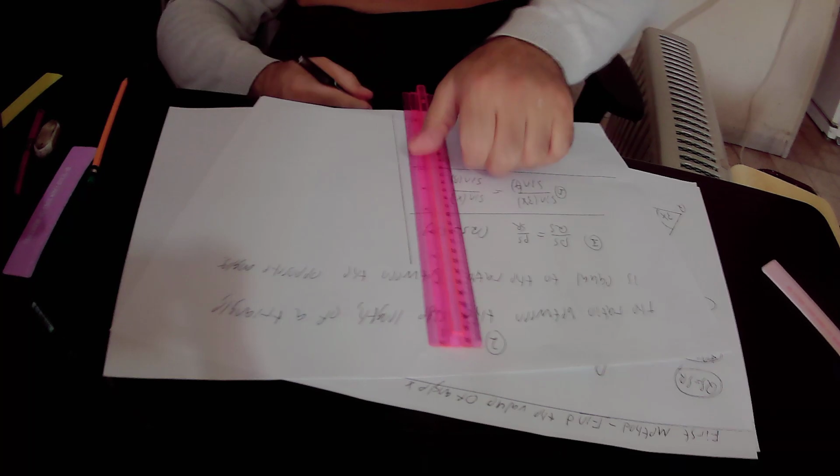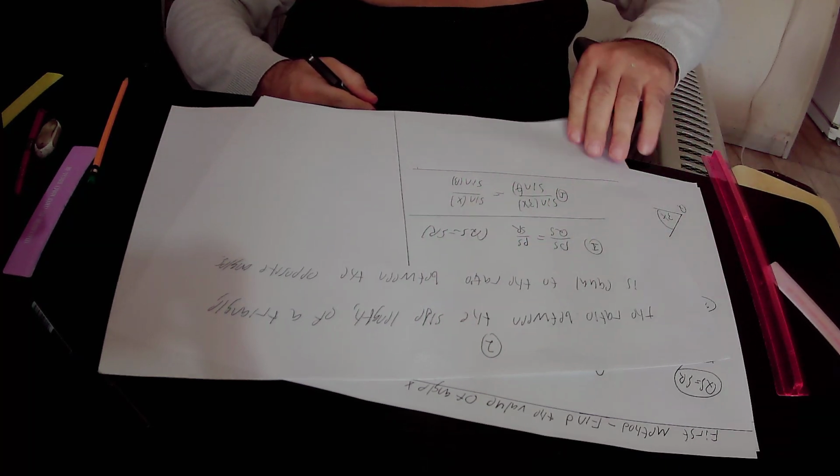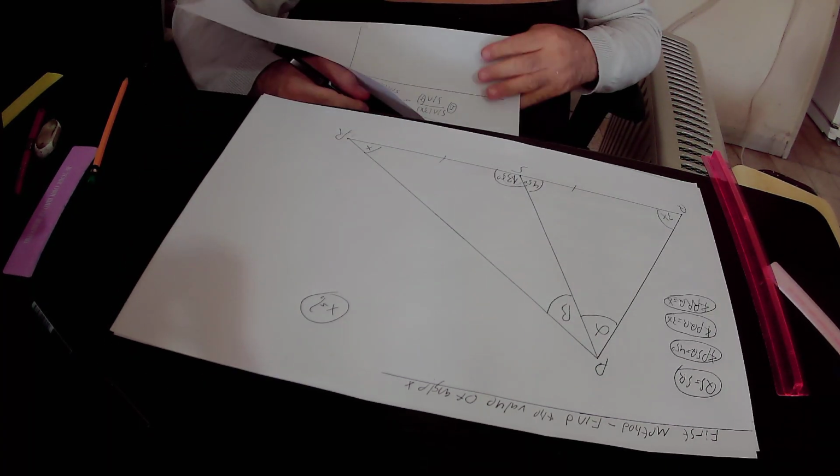And we also know that the sum of the angles in any triangle is equal to 180 degrees.